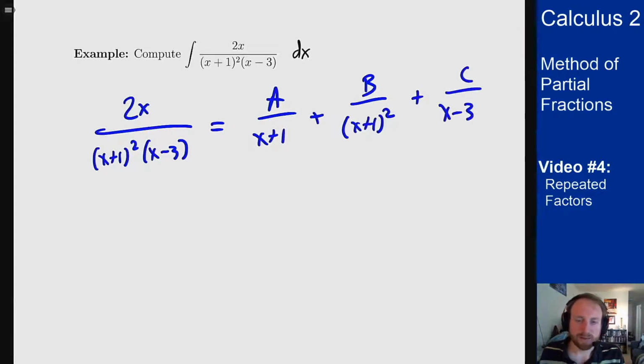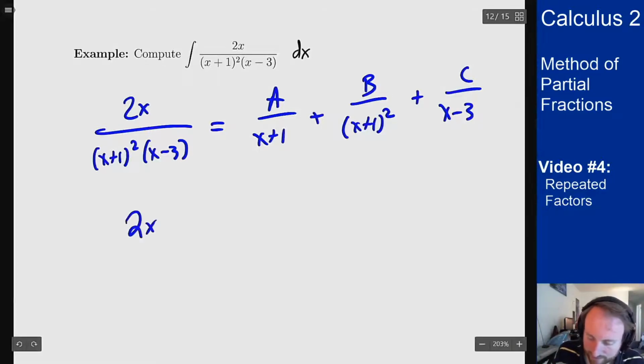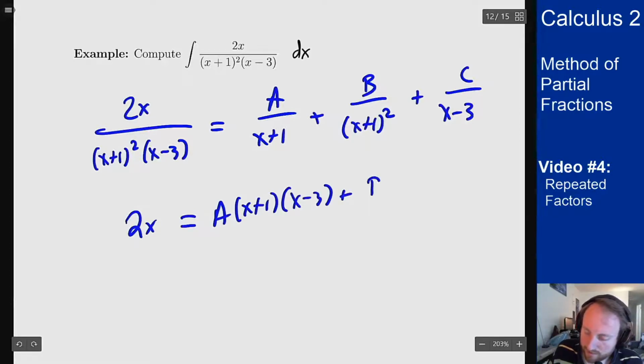Now we can play our same tricks as before, value substitution and clearing denominators, and I will get the following: 2x needs to equal A times x plus 1 times x minus 3 plus B times x minus 3 plus C times x plus 1 squared.